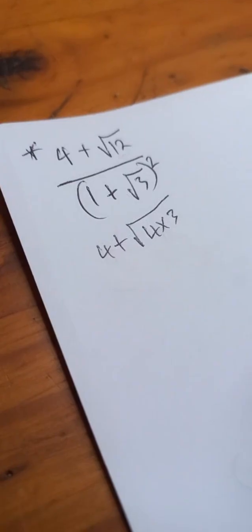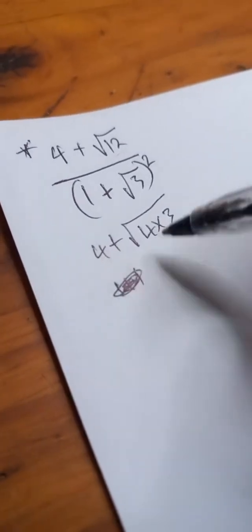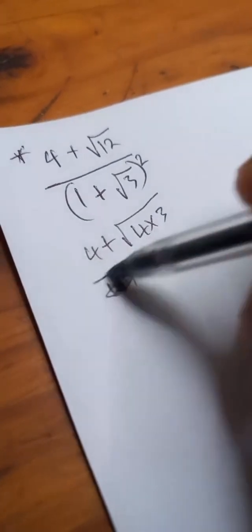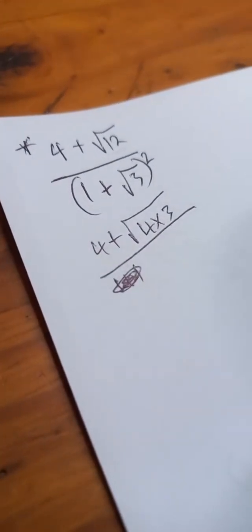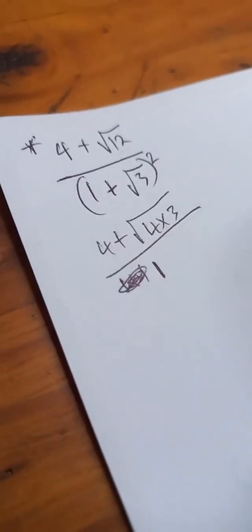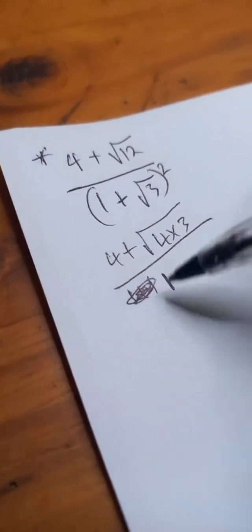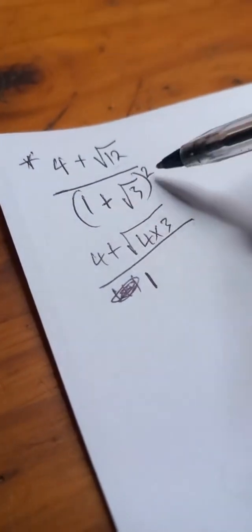Right? So it's going to be 4 all over 1. The 1 is already there.